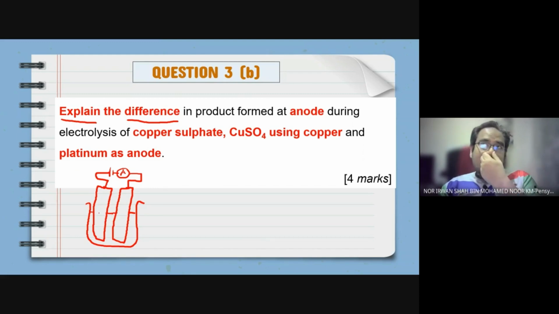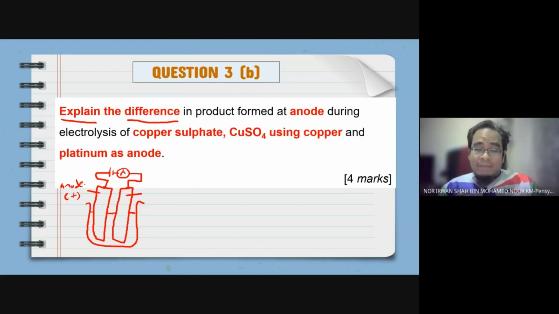Apa yang membezakan antara galvanic cell dengan electrolytic cell? Pertama sekali guys, ingat, dalam electrolytic cell, anode adalah positive terminal. Sebab tu anode kita connect pada positive terminal dekat bateri. Nampak tak guys? Kalau kita guna bateri ataupun kita guna power supply. Jadi anode kita akan connect pada positif. Sebab apa? Sebab dalam electrolytic cell, anode is positif. Tapi dalam galvanic cell, anode is negatif. Dia terbalik.